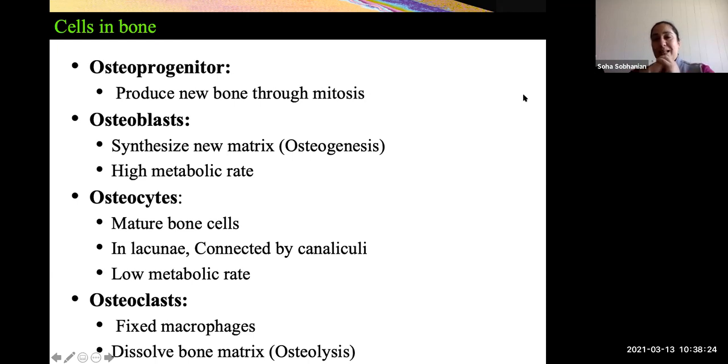The second reason that women are more susceptible to osteoporosis, anybody knows what that is? Around the age of 50, what happens for women? Menopause. Menopause causes a significant decrease in hormones, estrogen and progesterone, which under normal conditions helps with increasing the activity of the osteoblast and maintaining the bone.